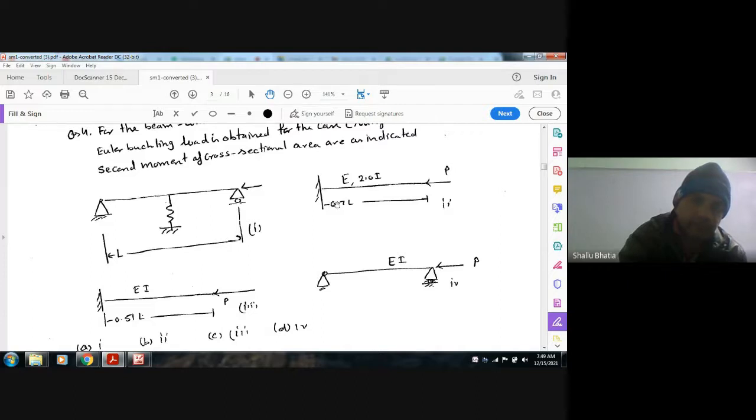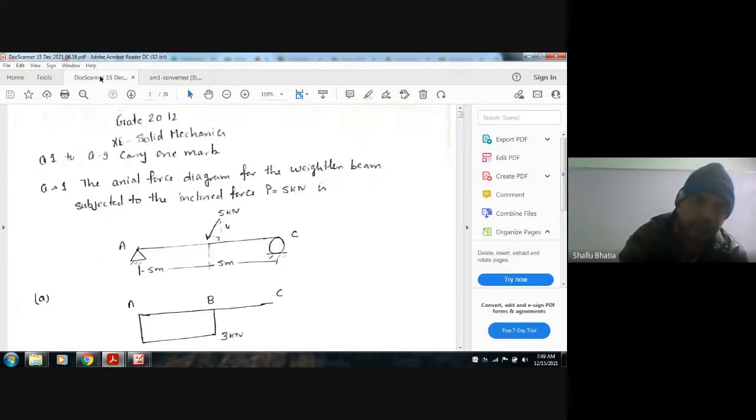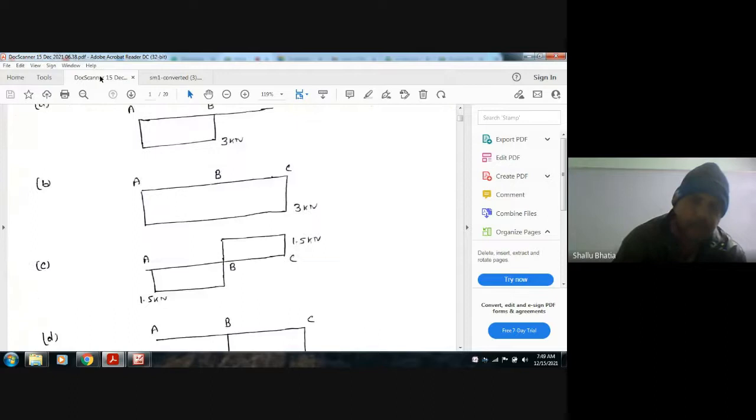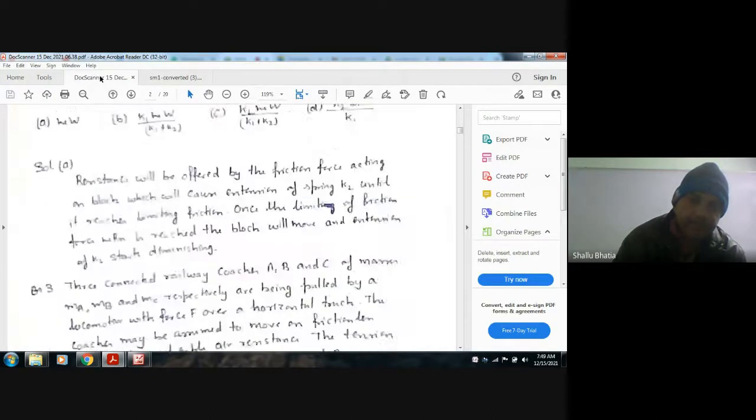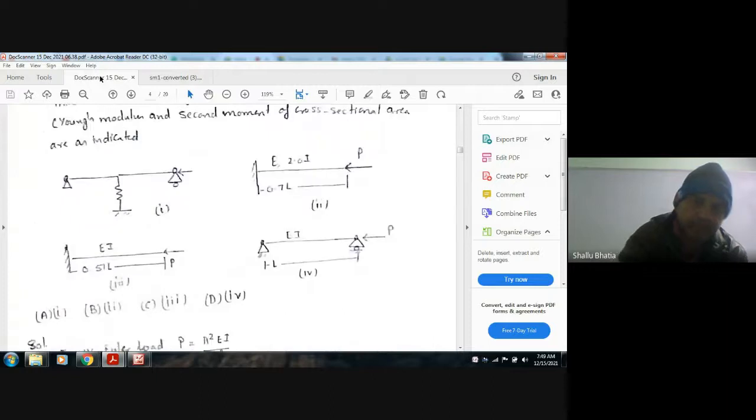Here it is E at 0.2I, and here it is EI, and here it is EI, and here it is 0.7, and here it is 0.51. This is the case of pin joint length.